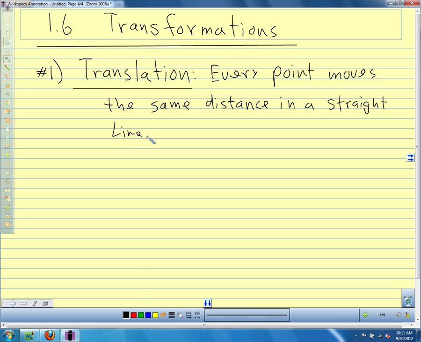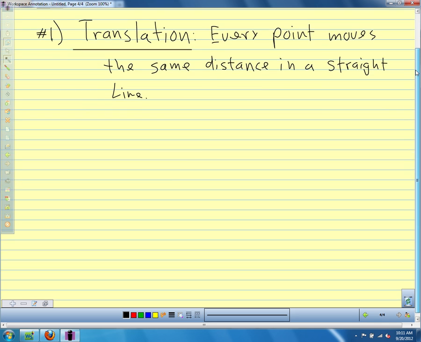When we slid our patty paper along that line, that's how we made sure that we moved in a straight line, and then we stopped and we retraced our figure. So our new figure had moved whatever distance we moved the patty paper in a straight line.